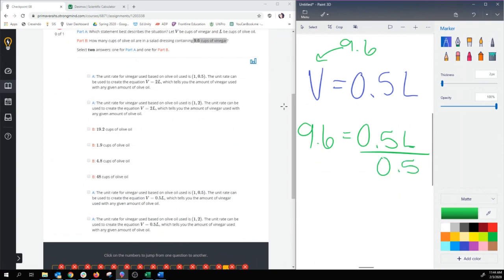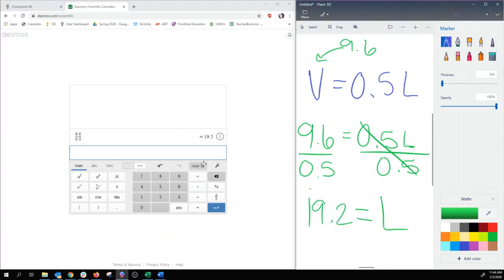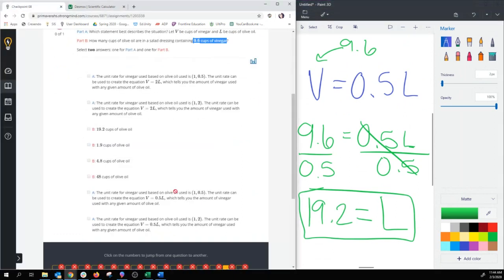So I'm going to divide by 0.5. Remember to do that on both sides. So this will go away. And I just need to type this into my calculator. So 9.6 divided by 0.5 gives me 19.2. So he will use 19.2 cups of olive oil.